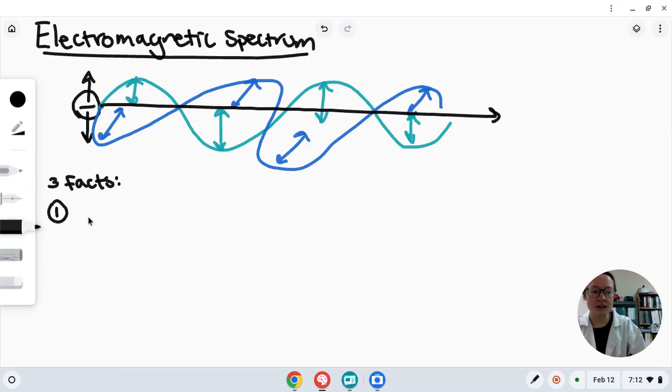Okay, the first fun fact is that there are 2 types of waves in the world: transverse waves and longitudinal waves. The first fun fact is that all electromagnetic waves are transverse waves.